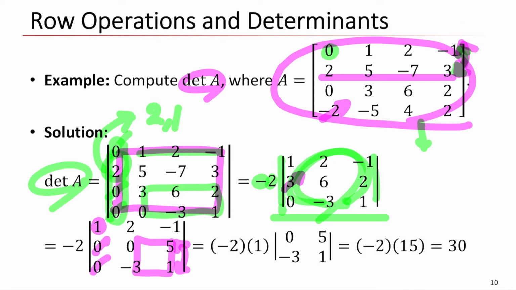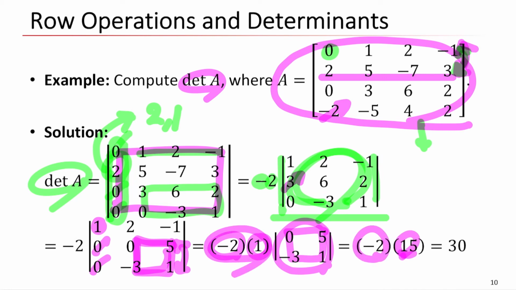So negative 2 times 1 times the determinant of this one. This is just 15, and this is the negative 2, so finally it should be negative 13.